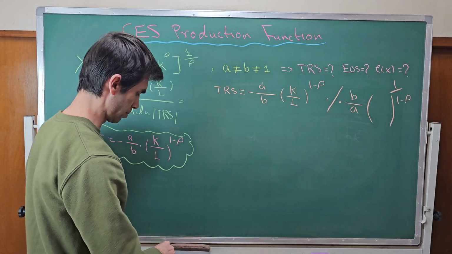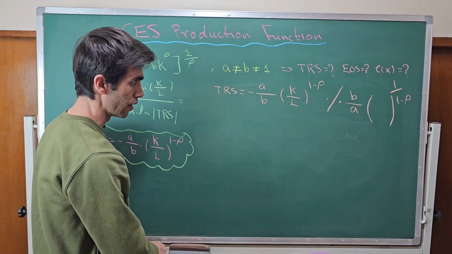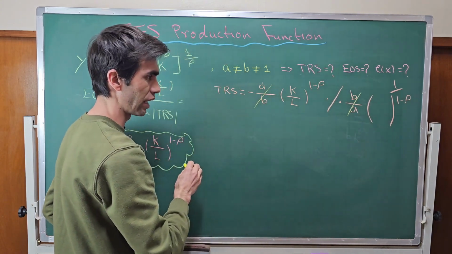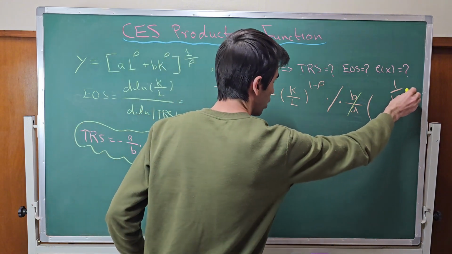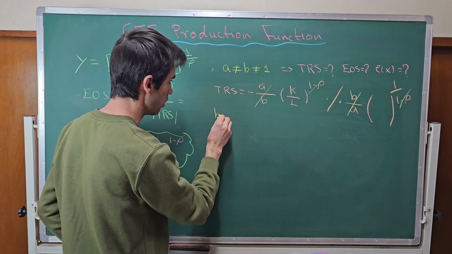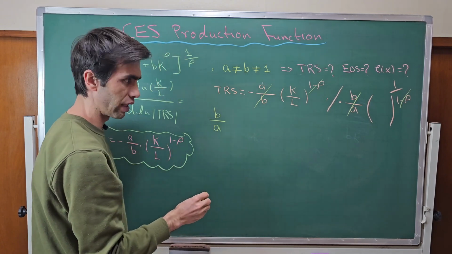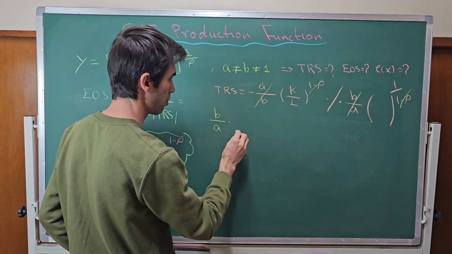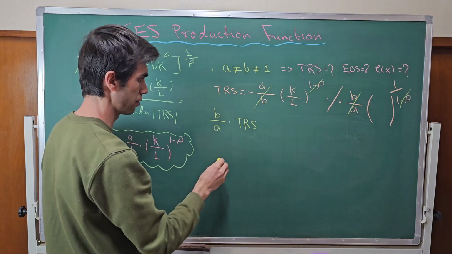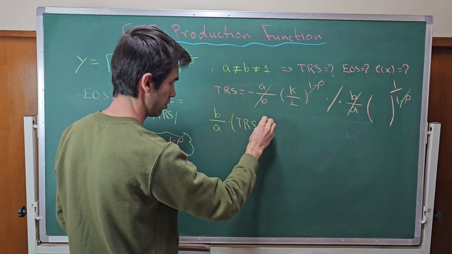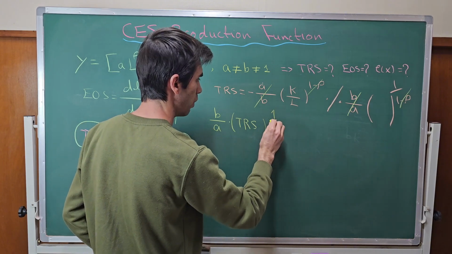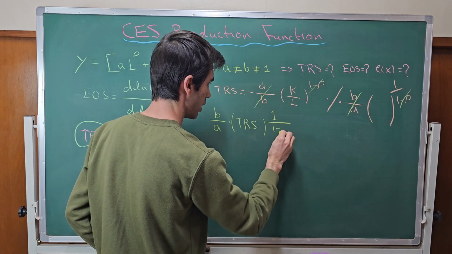Then this term B over A with A over B will cancel out here, and also this term will cancel out with this one. So on this side we will have B over A multiplied by the technical rate of substitution to the power of 1 divided by 1 minus rho.